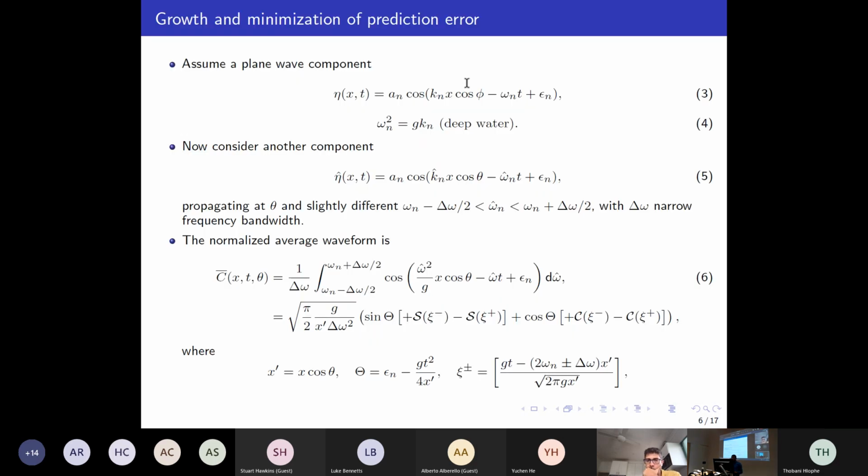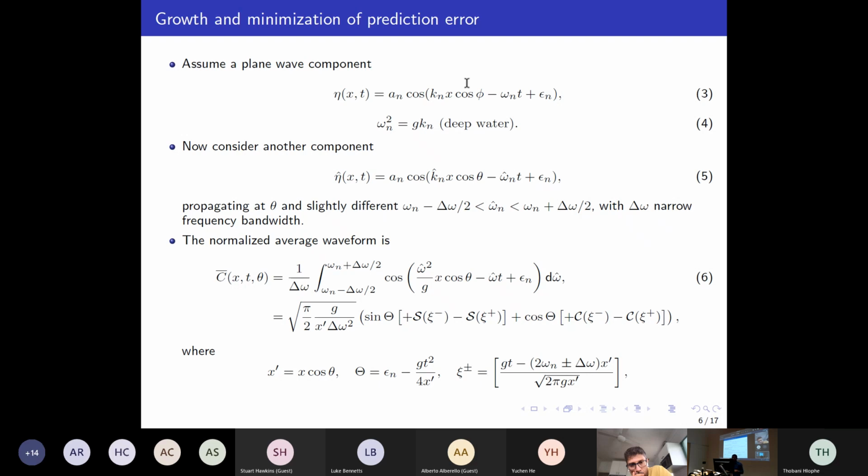So I'm just going to walk you through quickly the theory behind the prediction model that we are using. We're just using a unidirectional model to propagate waves that are directional, like waves from directionally spread seas, but with weak spreading. So we first assume a plane wave component, which is propagating at an angle phi, with just a single frequency from a Dirac delta spectrum.